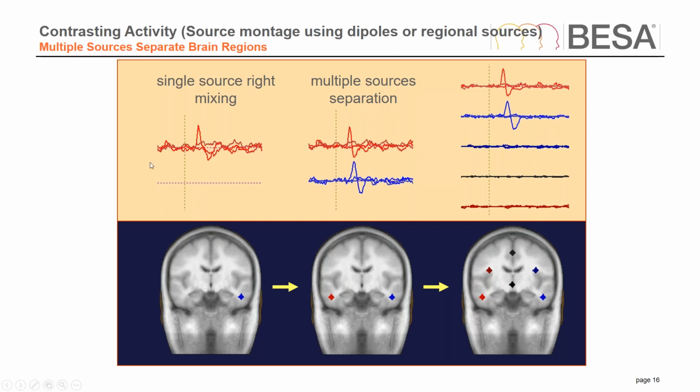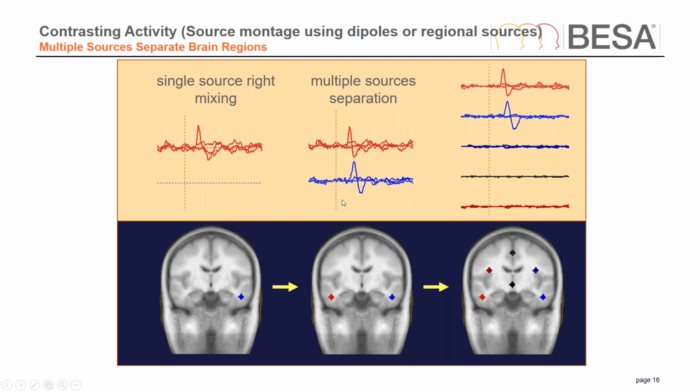The example here shows the following. So we have activity in both temporal lobes. If I only place one source in one temporal lobe, it will also model some signal from the contralateral temporal lobe. So here in this signal reconstruction, you see an overlap of signal actually from this temporal lobe and signal that comes from somewhere else.